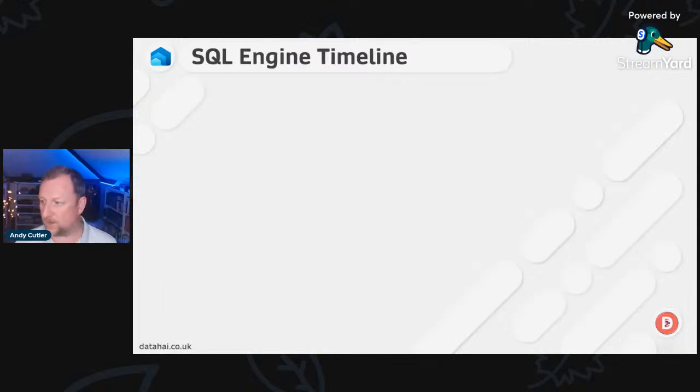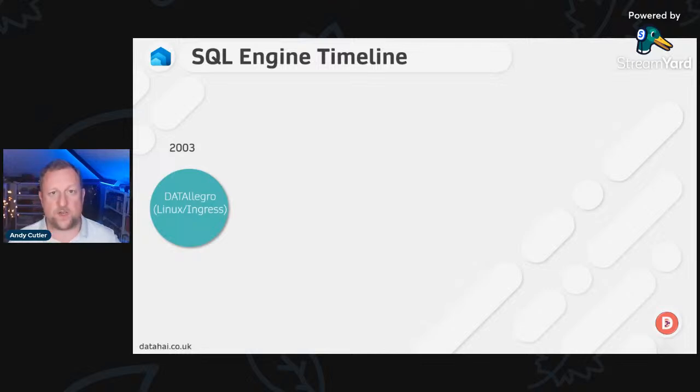So in terms of the timeline, this all starts somewhere. Over 20 years ago, there was a guy called Stu Frost, who started the company called Data Allegro, and used some open source software, Ingres database software and Linux.